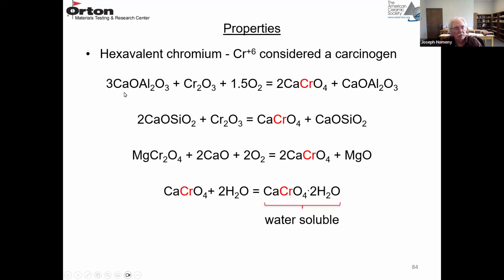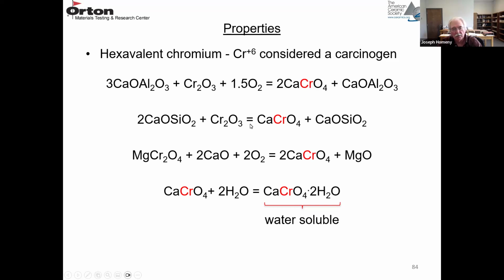CaO and Al2O3, which is the calcium aluminate cement, can react with Cr2O3 plus oxygen to form this compound right here, CaCrO4, and I put Cr in red because it'll be a +6 hexavalent chromium.